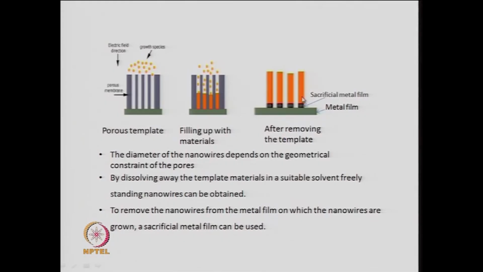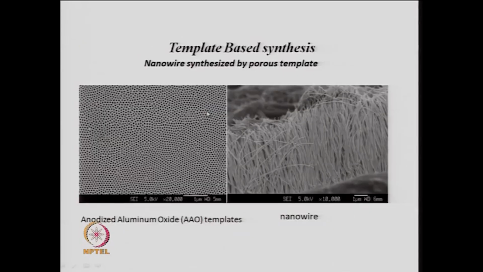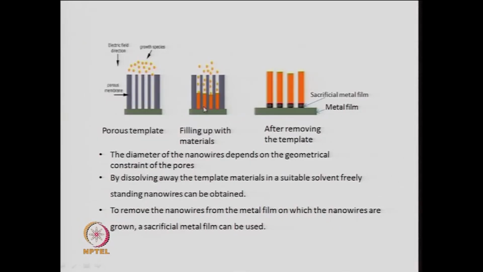Now, if you want to disconnect the nanowires from the metal, then in between the metal electrode, which acts as the working electrode, you put a sacrificial layer. So, first you coat this metal layer with a sacrificial layer, then the growth of the nanowire will not take place on the metal, but will take place on the sacrificial film.